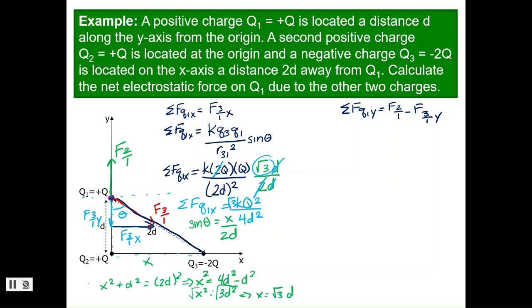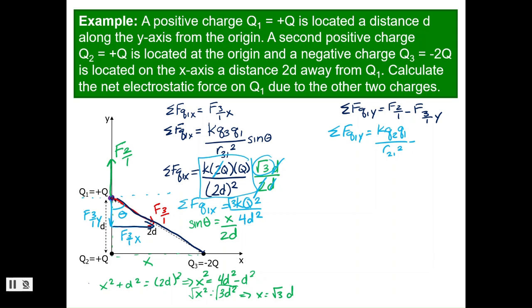So then I come over here to the y component, and my net force on Q1 in y is going to be F2 on 1. So that is going to be kq2 q1 over r21 squared minus f31y. So if I wanted to look at f31, that's going to be this part right here.